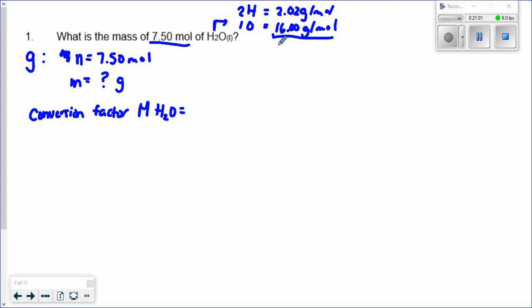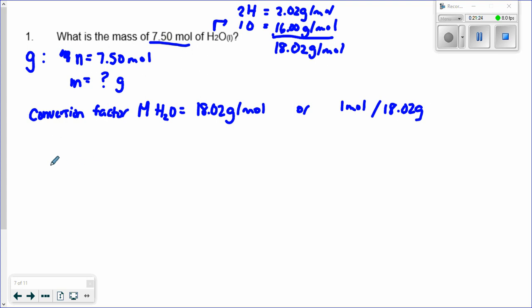So my molar mass of water is 18.02 grams per mole. So my conversion factor is 18.02 grams per mole. Or again, you can write it the other way. 1 mole is 18.02 grams.